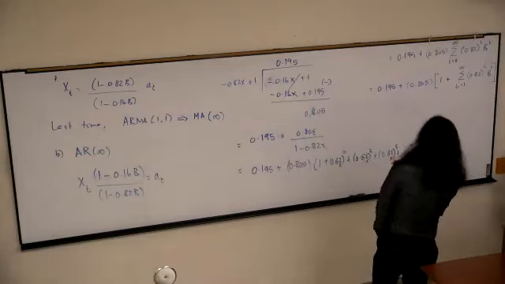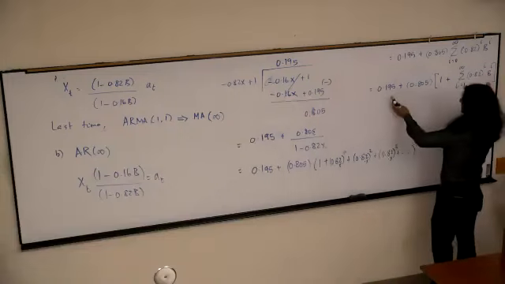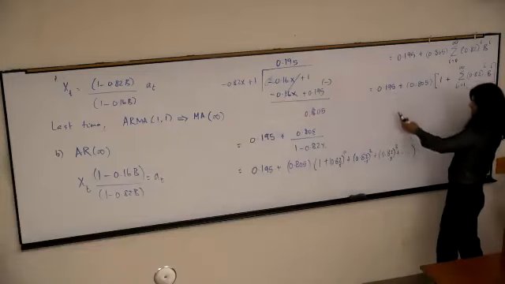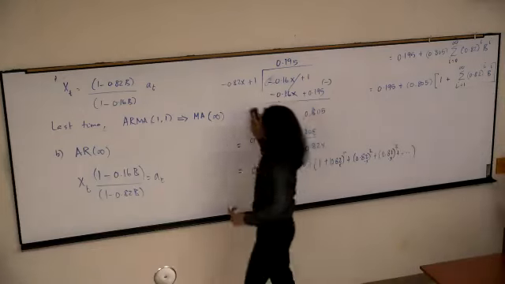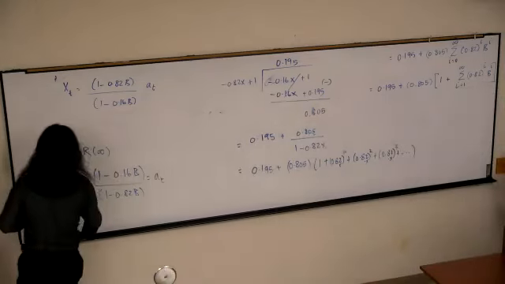So on the left hand side, we have this term times xt. The right hand side is equal to a_t. I'll write it over here.